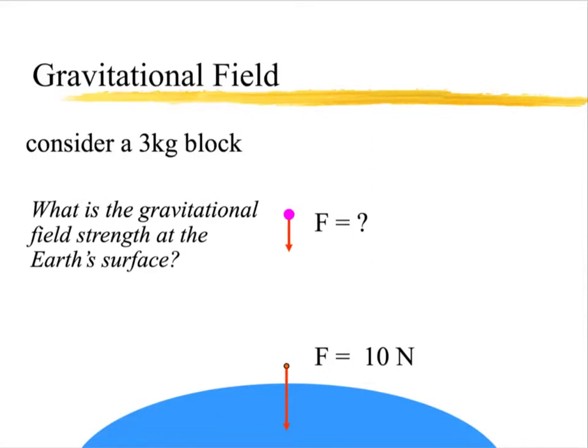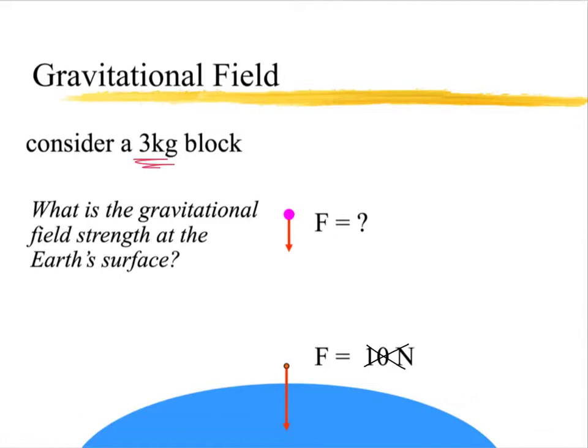So now consider a 3 kilogram block instead of the 1 kilogram. So the force close to the Earth is no longer 10 newtons. Before, up here, it was 5 newtons. So what do you suppose the force on a 3 kilogram block would be if the force on a 1 kilogram block is 5 newtons? That's right.